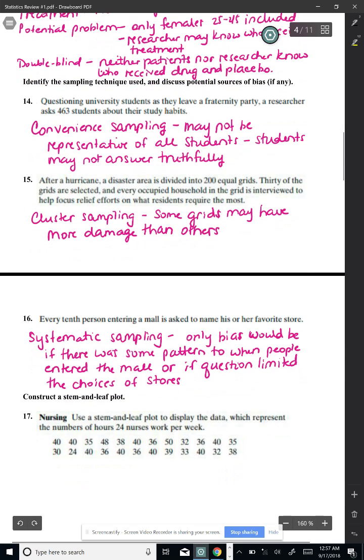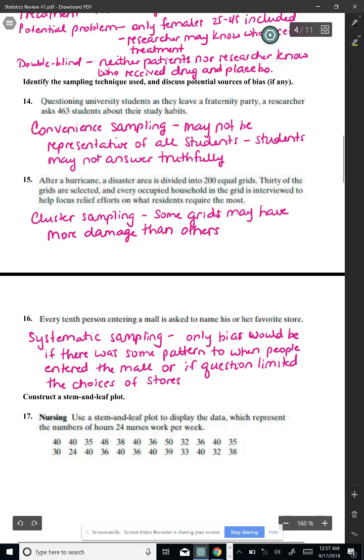On 15, after a hurricane, the disaster area is divided into 200 equal grids, and 30 of the grids are selected, and every occupied household is interviewed. This is called cluster sampling because they're divided into grids, and some of the grids are included, and everyone in that grid is included. That's called cluster sampling.